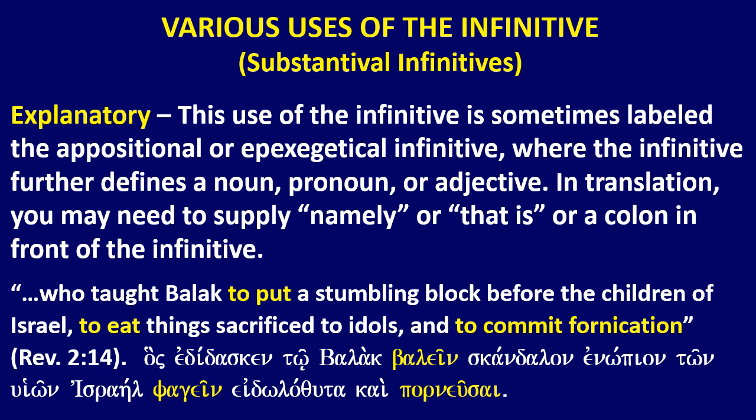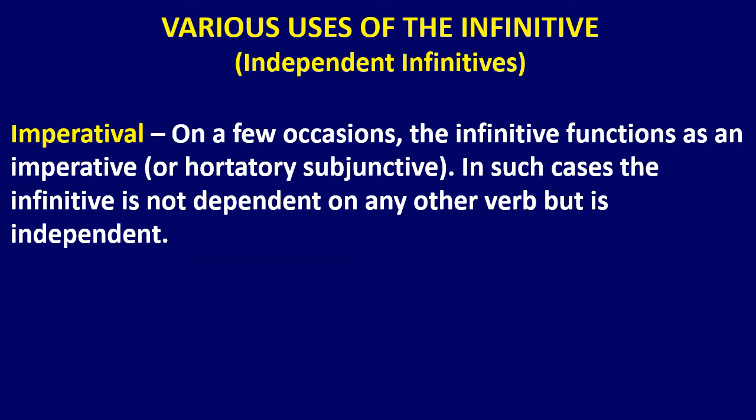So we've seen from these examples that the infinitive can function as a noun, adverb, participle with the infinitive of means, an adjective, a virtual adjective, and in the next example we'll see that it can also function as a verb. Here we have the independent infinitive.